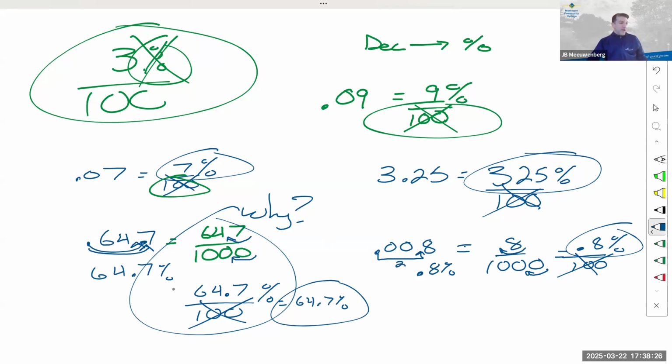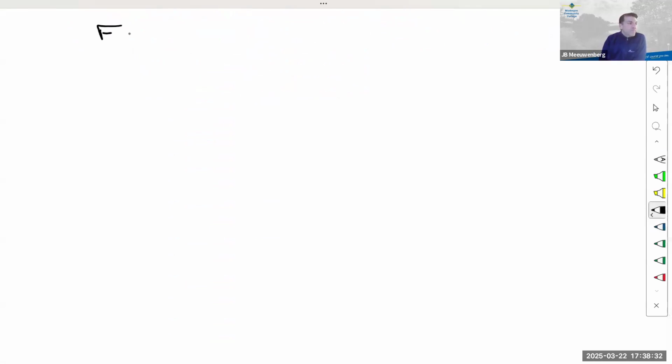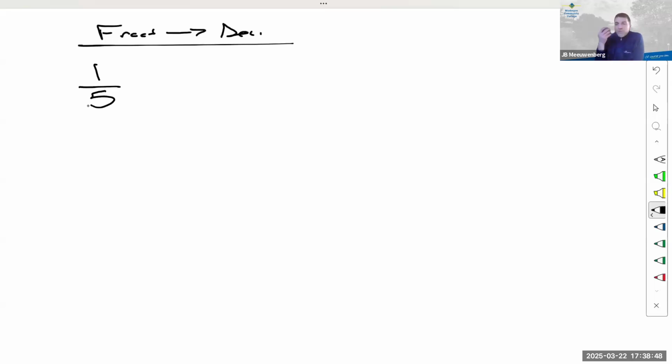So the last thing we'll do here is talk about changing a fraction into a percent. So taking a fraction and writing it as its percentage equivalent. The way that we will do this is we will take our fraction and use the tools that we've already discussed here today. And it is taking that fraction and first putting it in its decimal form.